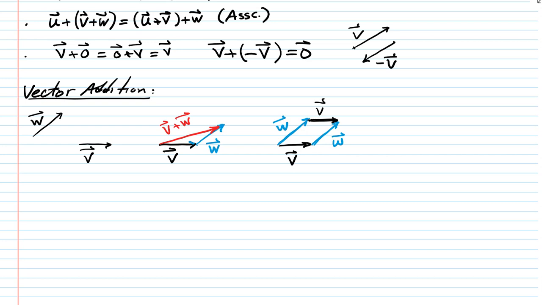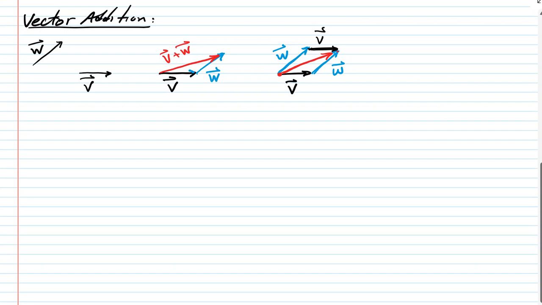Now we have created a parallelogram, and like in the triangular form, the diagonal is going to be the sum vector. So if I draw things to scale, it will be exactly the same. This one is kind of like a tail to tip method, if you want to call it. It's the tail of one, tip of the other, that connects together.